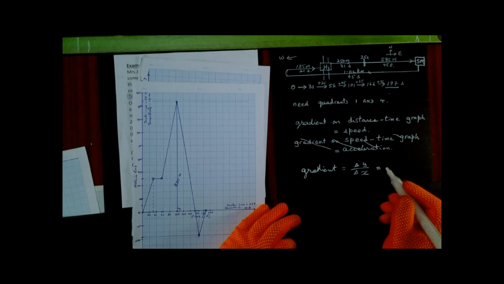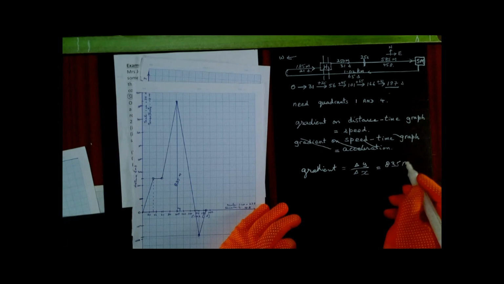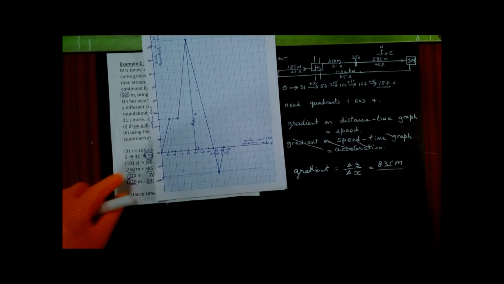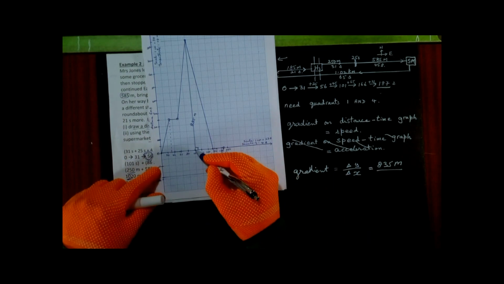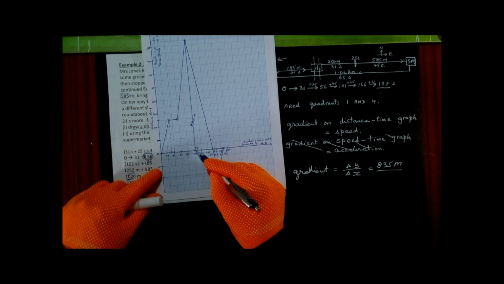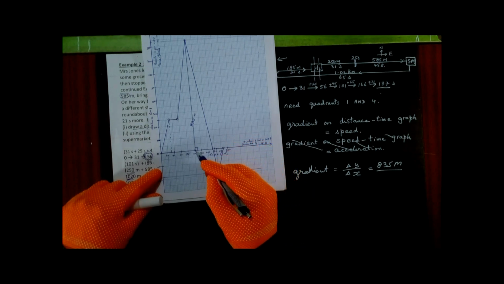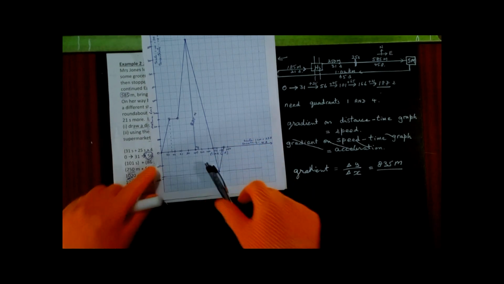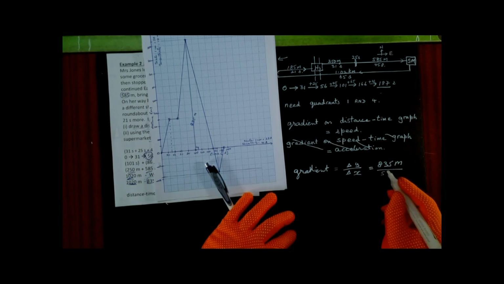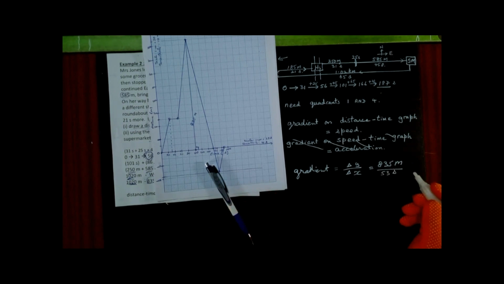And in this case, it will be 835 meters over, so we know this is 101. We estimate this as 154. We subtract 101 from 154 and we get 53 seconds.